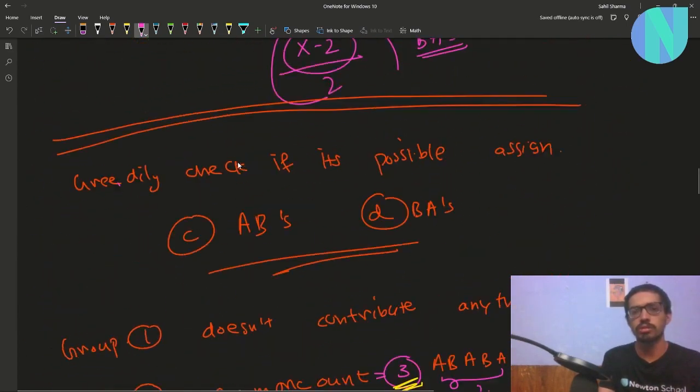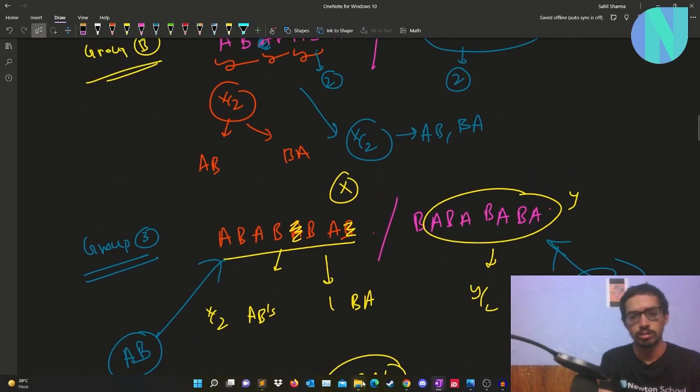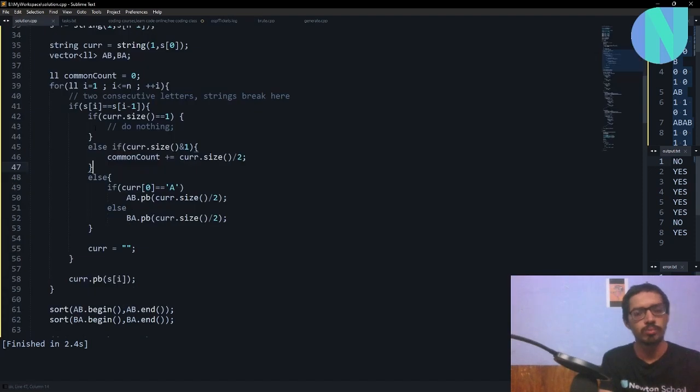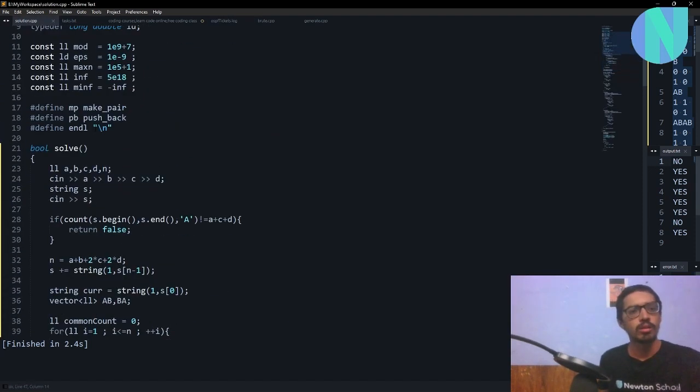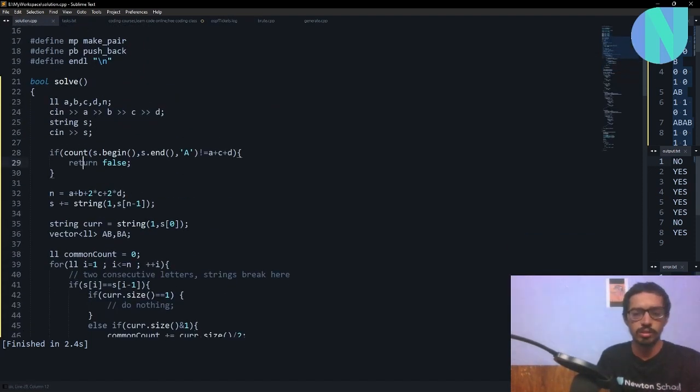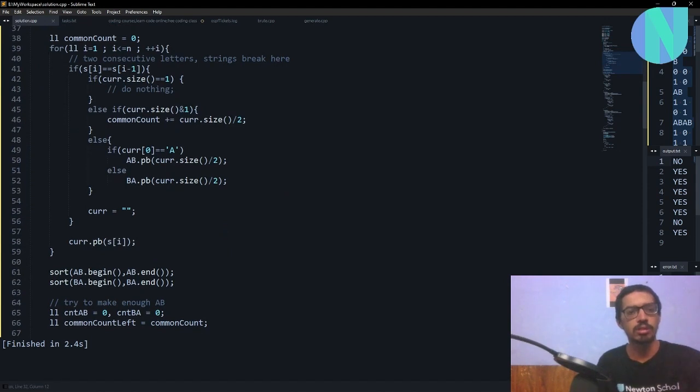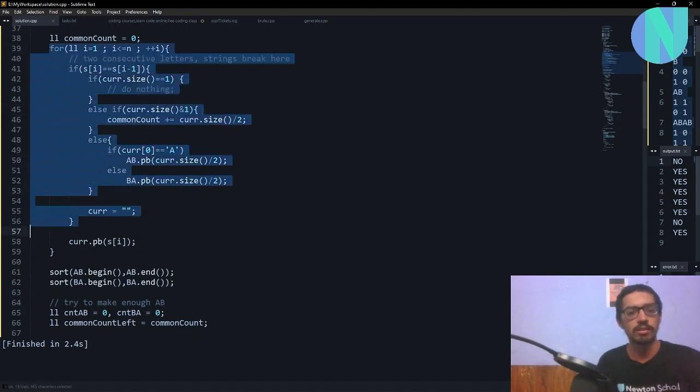And if you guys want to see the code for this, here's my code. Here's my input string. Let me fix my mic. Here's my n and my string, and here I am splitting my string on the basis of consecutive letters.